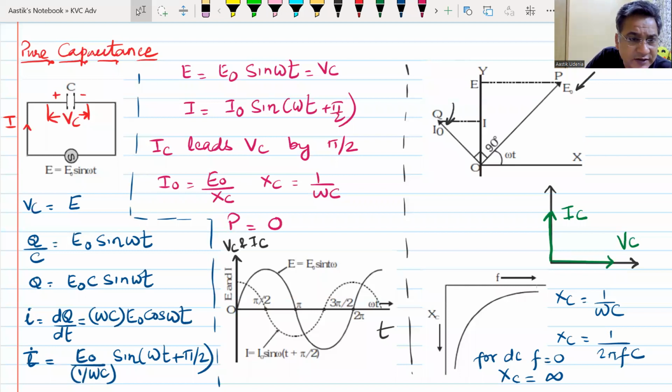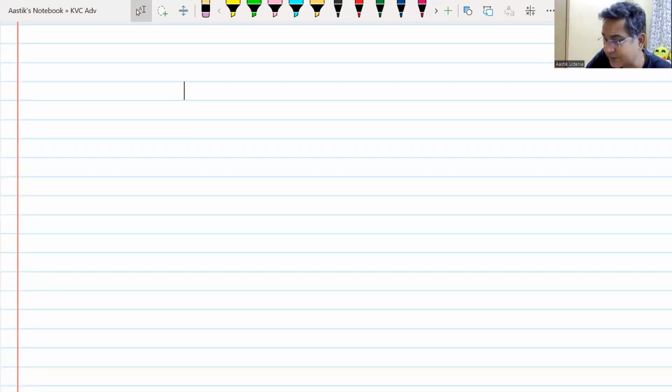What is the next circuit that we are going to do? Pure inductance. The next circuit that we are going to do will be a pure inductive circuit. And for a pure inductive circuit, let me write the heading, pure inductance.